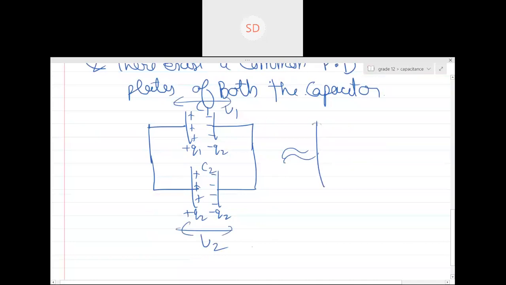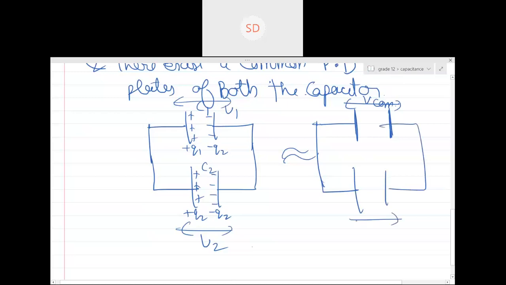The charges will transfer till the time this also becomes at common potential V common, and this also becomes at common potential V common. Is this clear?